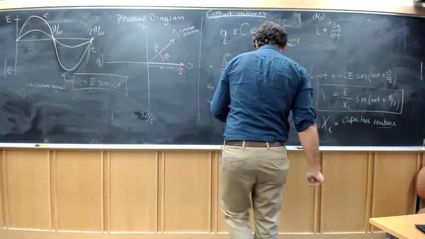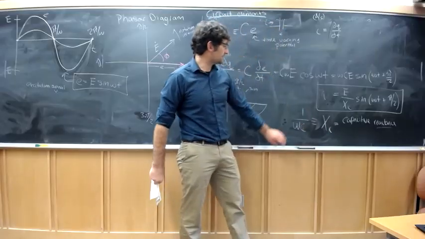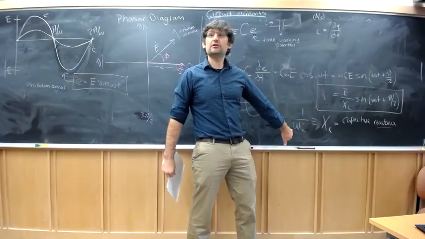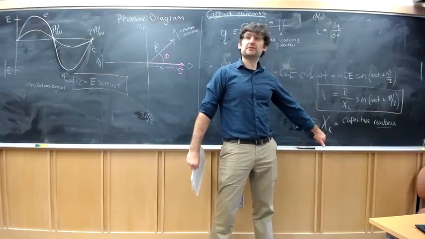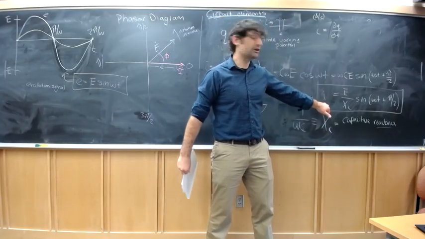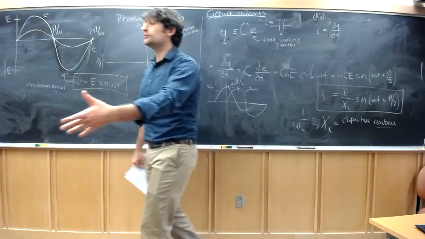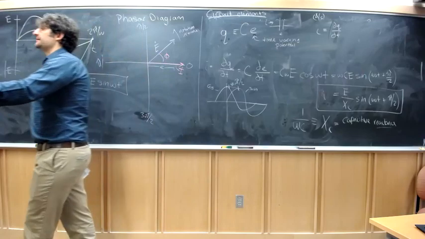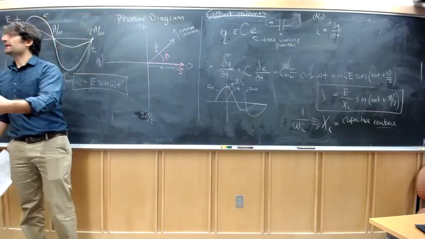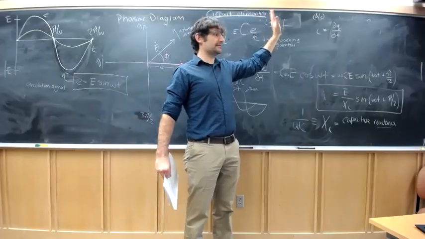So you might remember the capacitive reactance from your freshman physics course. As the frequency goes to infinity, what happens to this term? Goes to 0. What happens to the current? Goes to infinity. So essentially current flows freely through a capacitor at high frequency. And that's because you're shuttling charge on and off these plates, right?